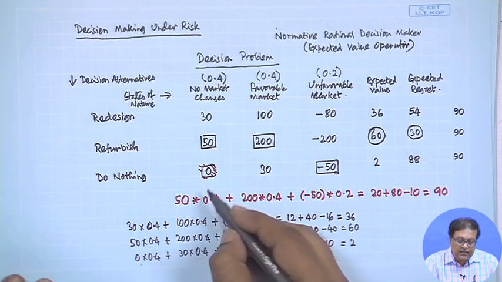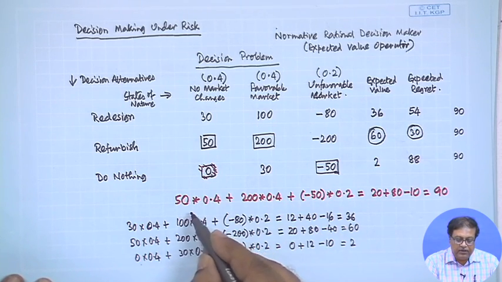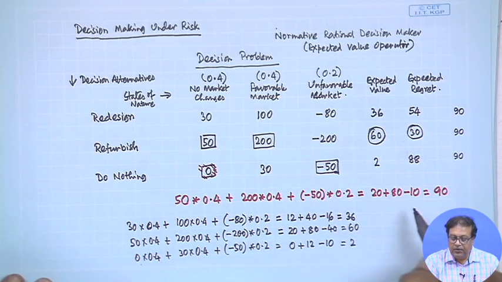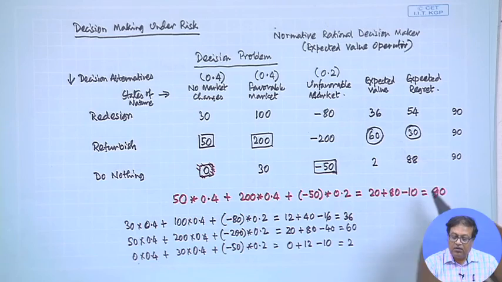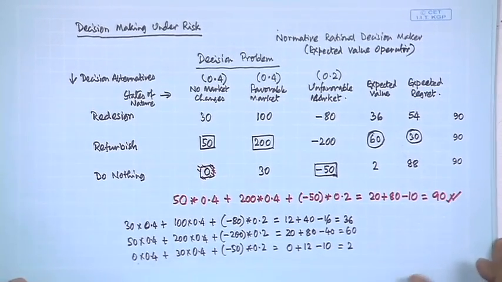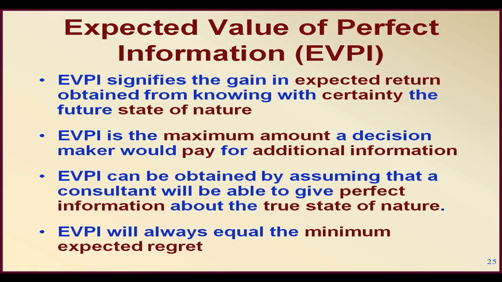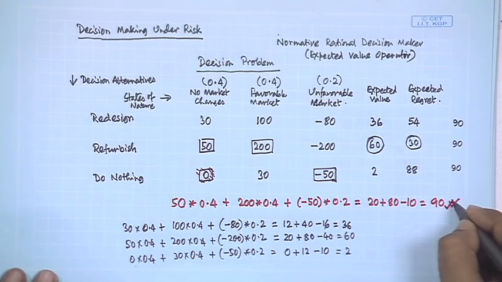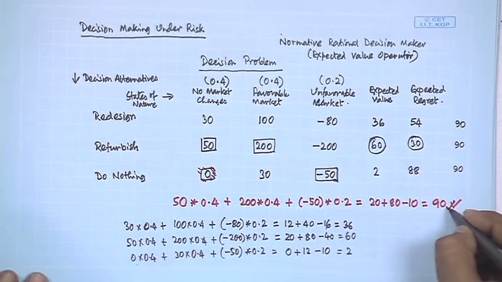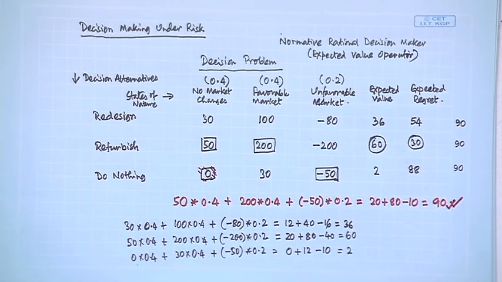So, in that case it would have got 50 into 0.4, 200 into 0.4 and minus 50 into 0.2, that is a total payoff of 90, and this 90 can be called the payoff when perfect information is available.